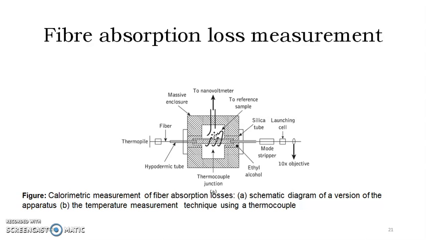We consider this fiber here. This is the enclosure for the given fiber, then the mode stripper, then the launching cell. So this is the setup for the given fiber.